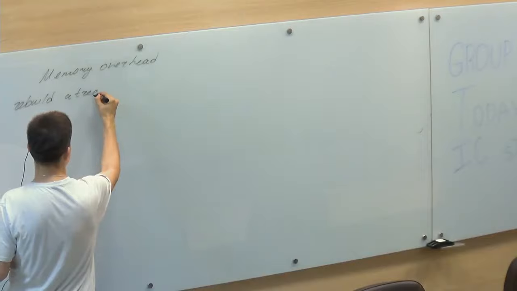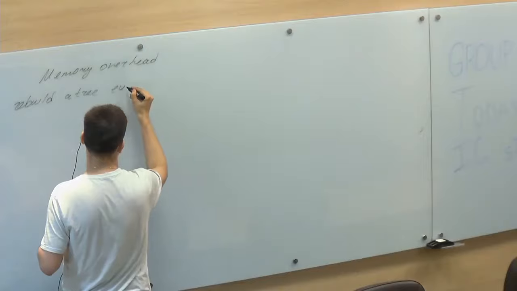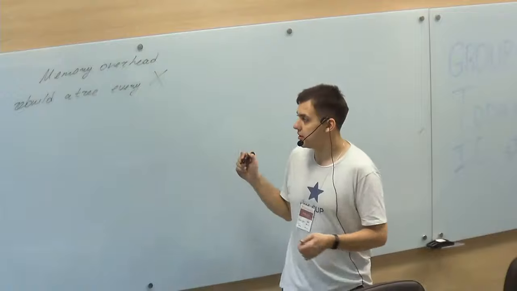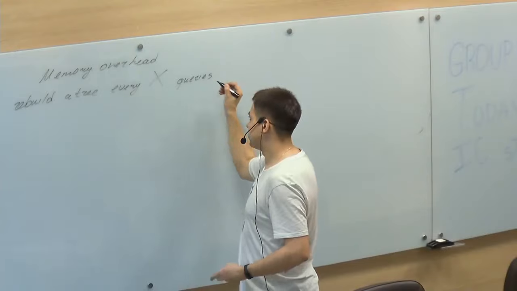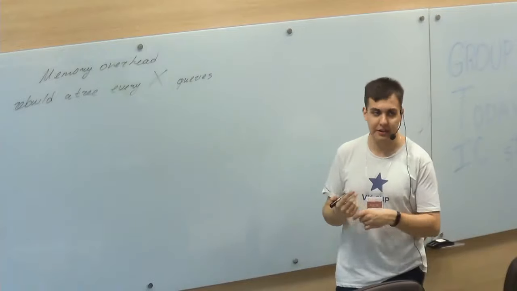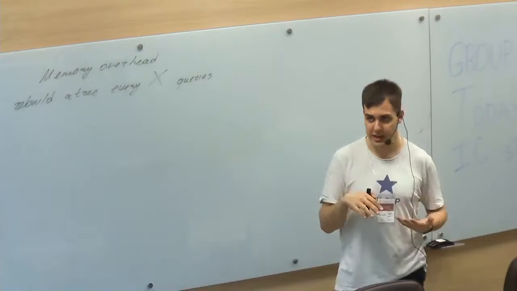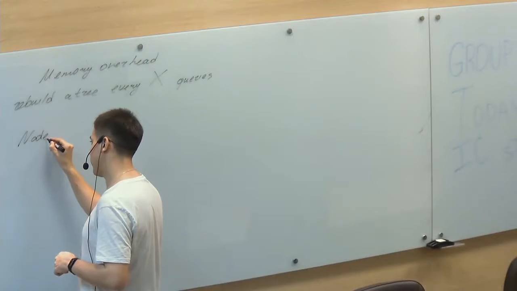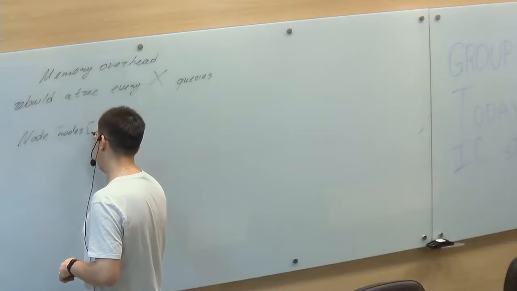You can rebuild the tree every X queries. So after every X queries, you free all the memory that you've allocated so far. To do that, you probably need your own allocation. For example, you can pre-allocate a large array of nodes, of size, let's say, 10 million.